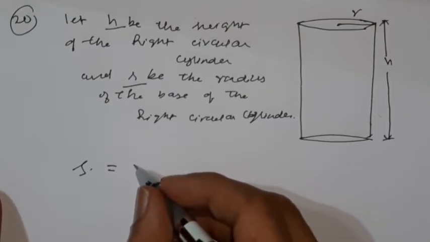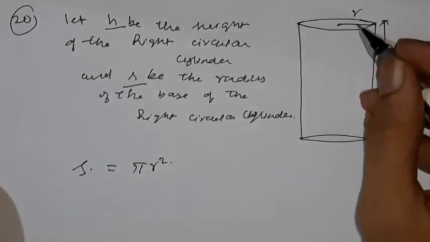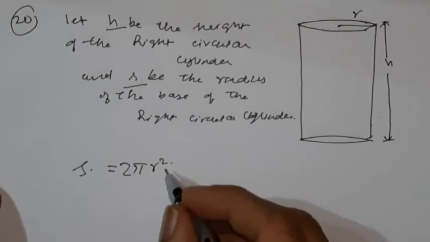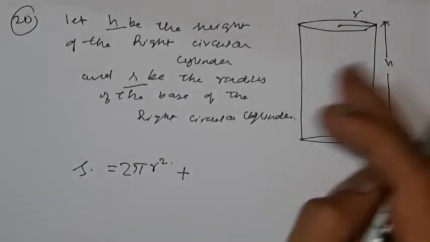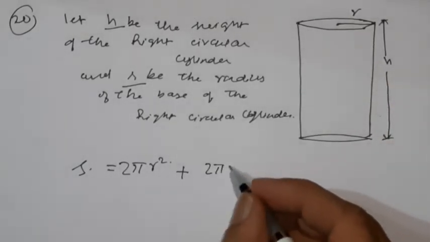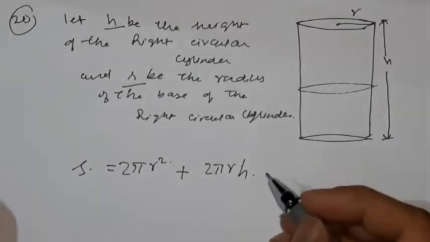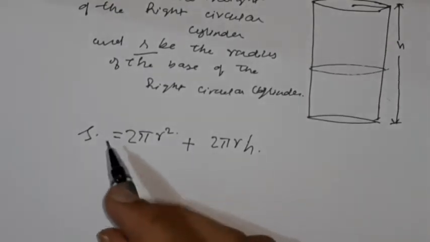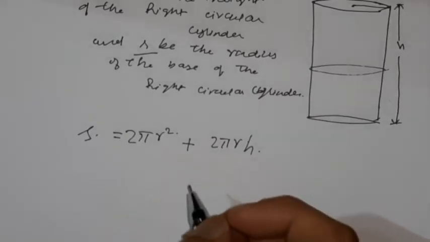There are two bases, so 2 times pi r square, plus the area of the curved surface, which is 2 pi r, the circumference, multiplied by the height h. So the surface area S is equal to 2 pi r square plus 2 pi r h.